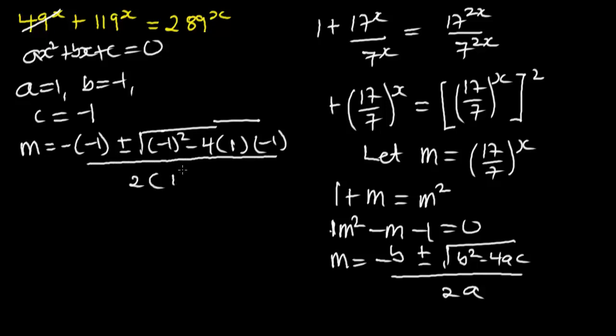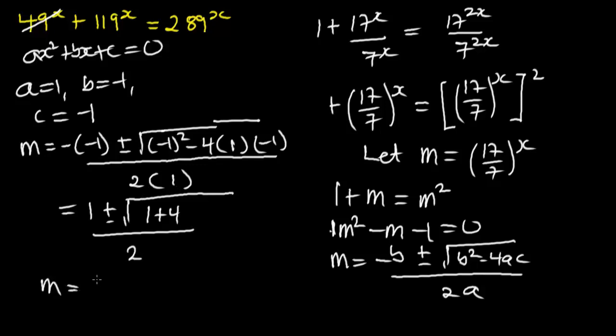A is 1, so we're going to have negative of -1 is 1 plus or minus the square root of (-1) squared is 1, and -4 times 1 is -4. -4 times -1 is +4. So I'm going to have +4 over here all over 2 times 1 is 2. So I'm going to have m to be equal to 1 plus or minus the square root of 5 all over 2.